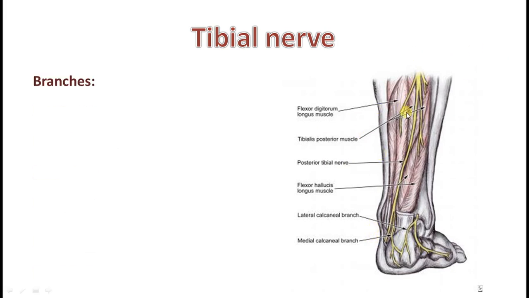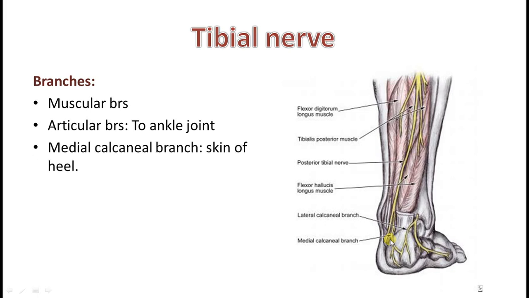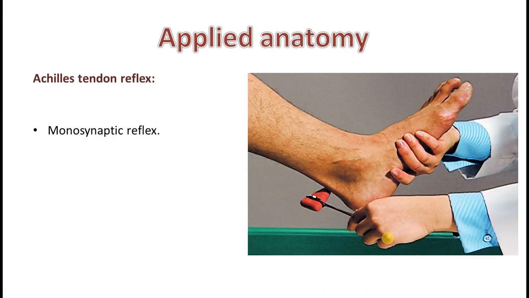Branches of this tibial nerve are mainly muscular branches; as we have seen, mostly all the muscles of the posterior compartment of the leg are supplied by the tibial nerve. Articular branches go to the ankle joint. Then the medial calcaneal branch, a cutaneous branch, supplies the skin over the heel, the posterior part of the calcaneum.